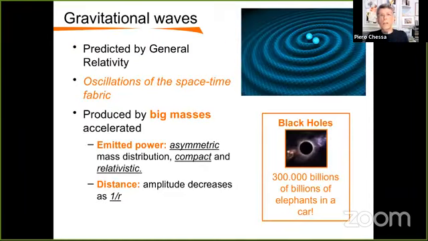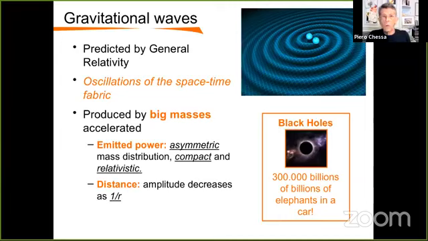But what are gravitational waves? Gravitational waves are a distortion of space traveling through space due to some conditions. They are predicted by general relativity. They are oscillations of space-time traveling at the speed of light.